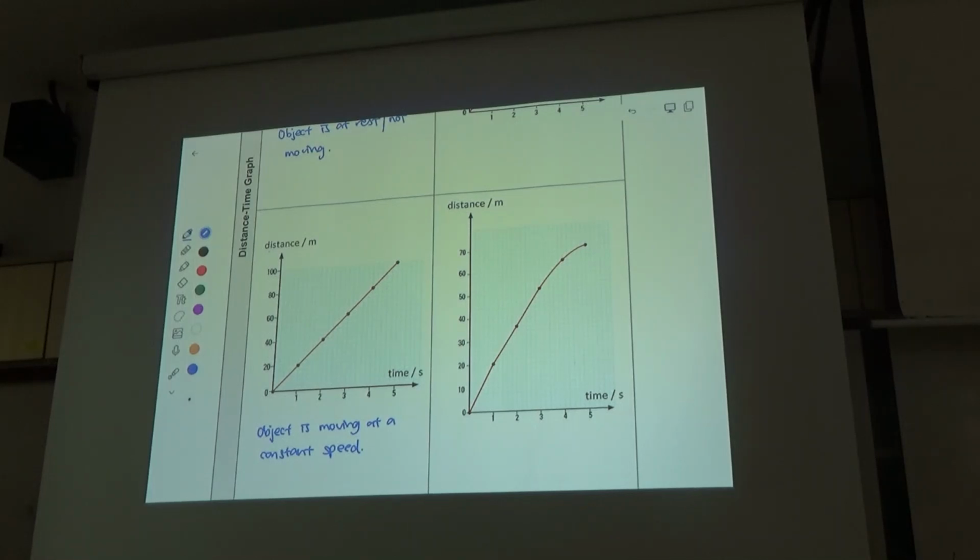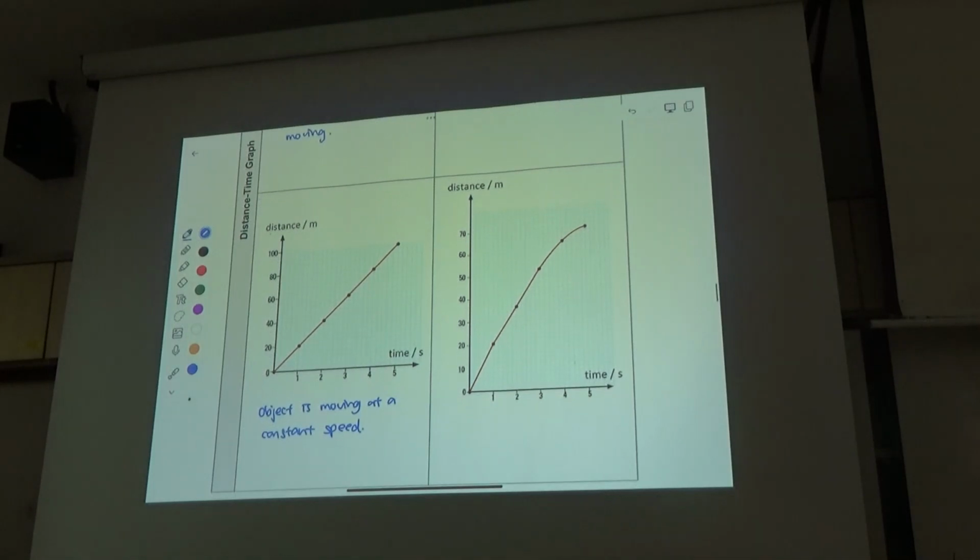Then now we look at the curves. Let's just start with this particular curve on the right here. How do we interpret the curve? Yesterday I taught you how to draw tangents, right? The reason is because I need us to be able to understand curve distance time graphs.